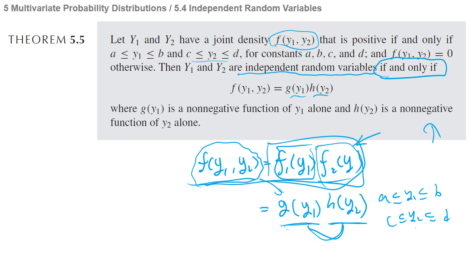And for the proof of this theorem 5.5 I will skip it, but it would not be very difficult, because this g(y1), with y1 ranging over this interval, you can probably modify with some constant to make it a density function for y1, and also with this constant you can modify h(y2) to make it f2(y2), and also use some other mathematical notation to exactly show why this holds.